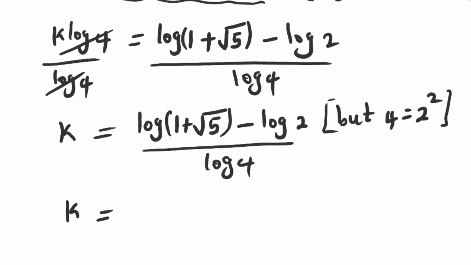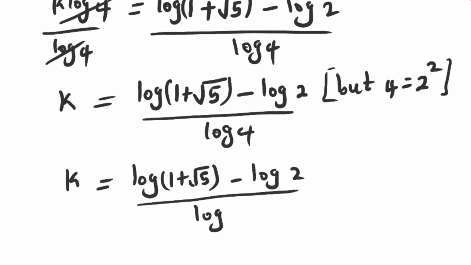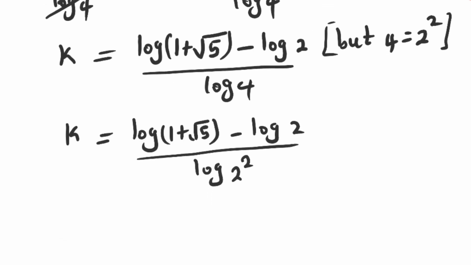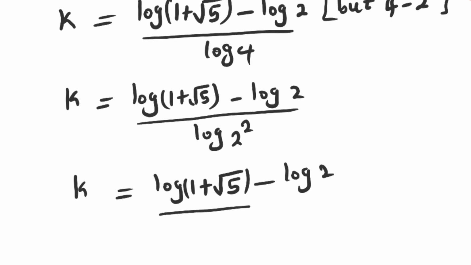Then k is equal to log of 1 plus root 5 minus log 2 over log 2 squared. k is equal to log of 1 plus root 5 minus log 2, over 2 log 2. And this is the final answer.